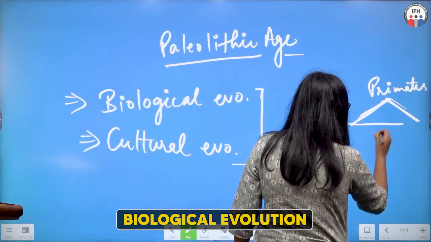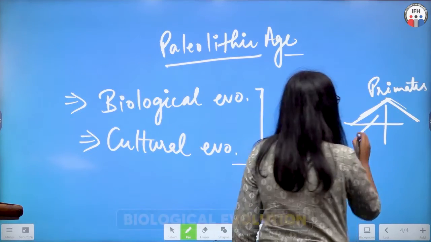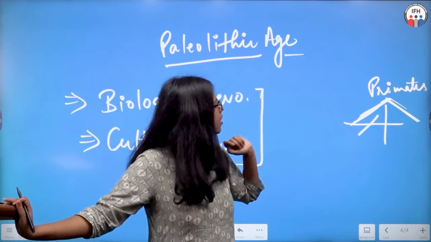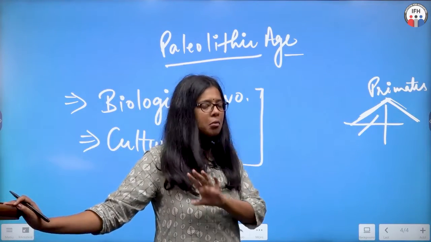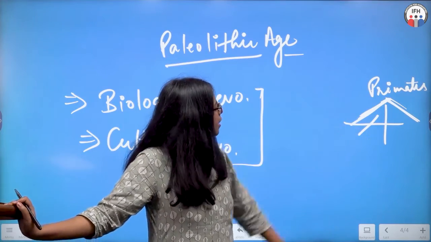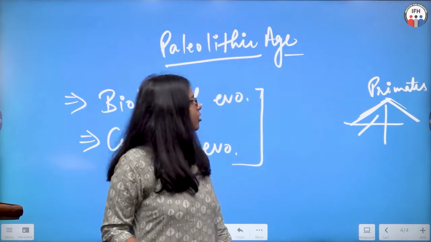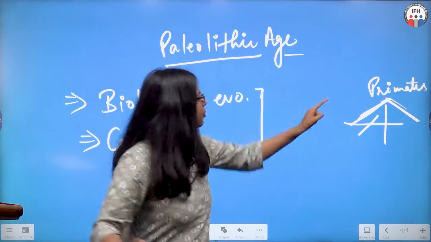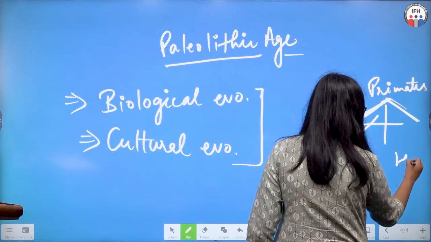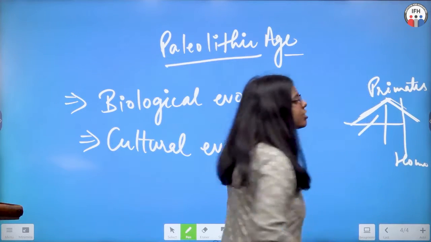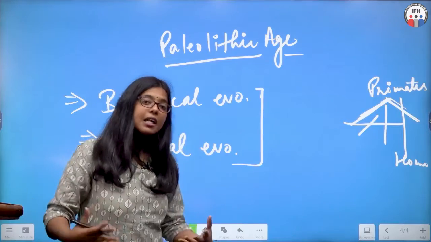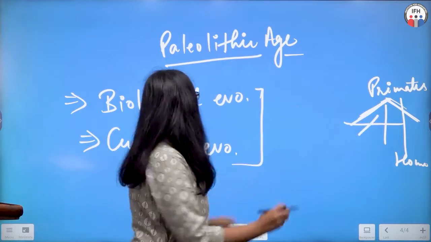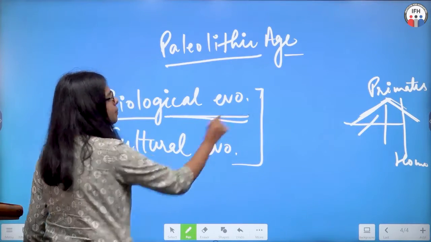All these names you do not need to know. They are not important for us. It's from the biological perspective. So this evolution from primates to Homo is the biological evolution of human beings. They are evolving biologically, and that will come in this particular section.